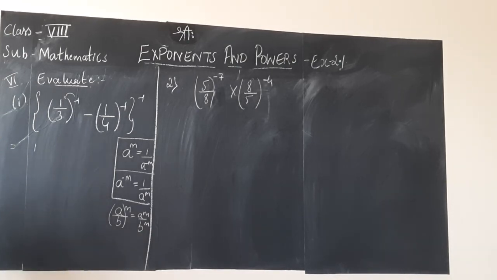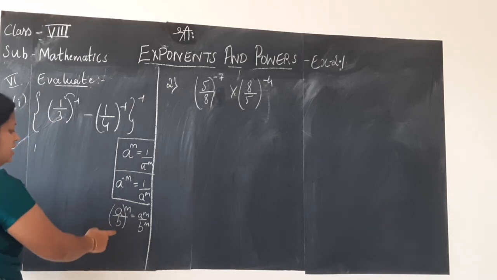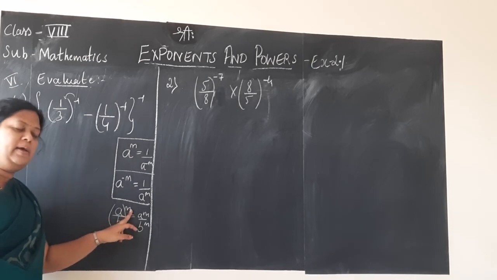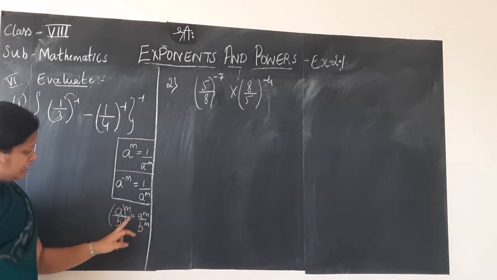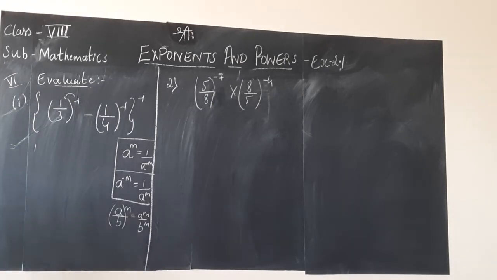This law of exponent we are applying here. The base values a and b are different, but the exponent is the same for both numerator and denominator. So, for both numerator and denominator you have to give the exponent. That is what the law says.